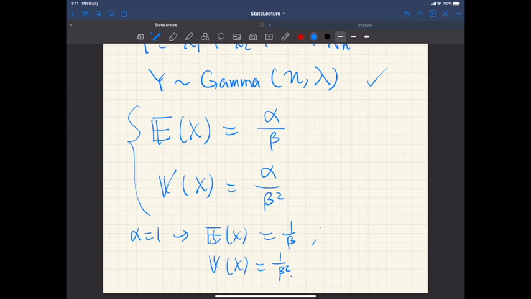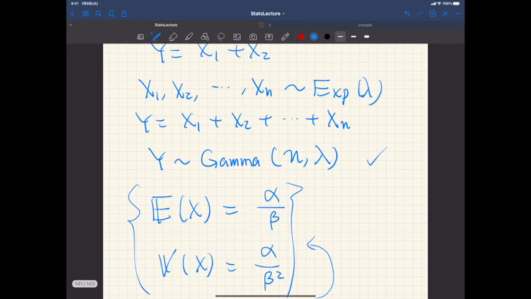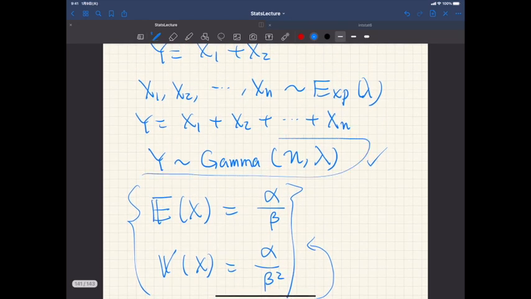Okay, and if you compare this with this, and especially given this result, here alpha becomes n, right?